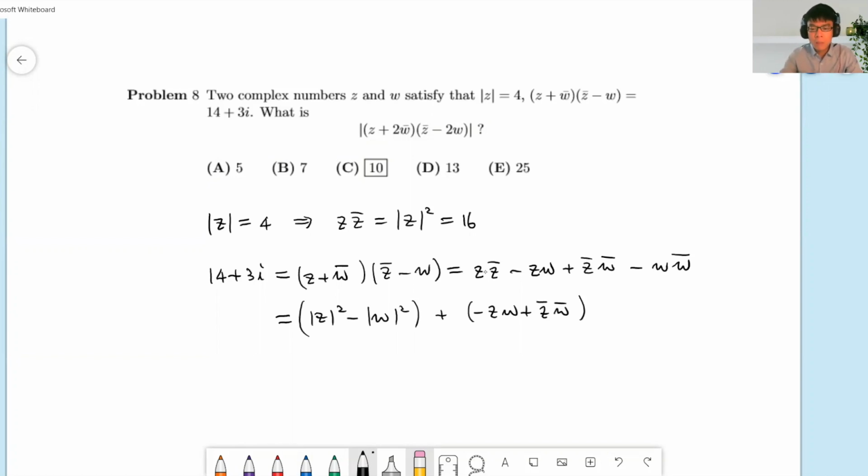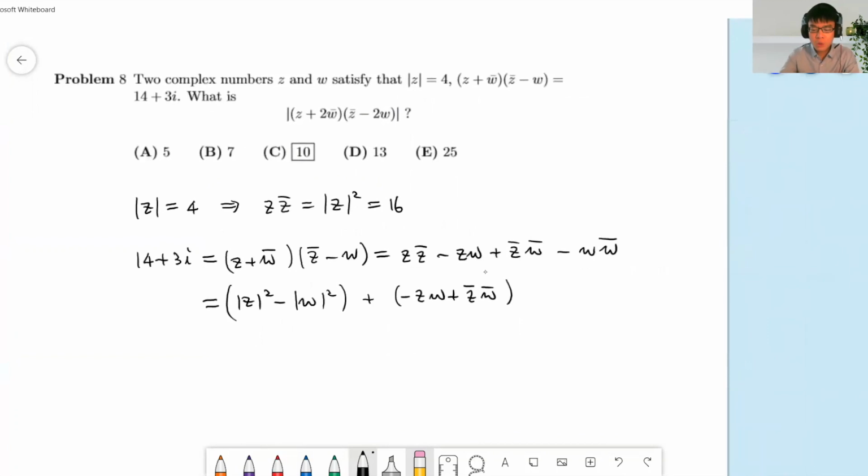Let me claim the second parenthesis is a purely imaginary number, because z, w, and z conjugate, w conjugate are conjugate to each other. So z conjugate times w conjugate equals the conjugate of zw. Let zw equal a plus bi.